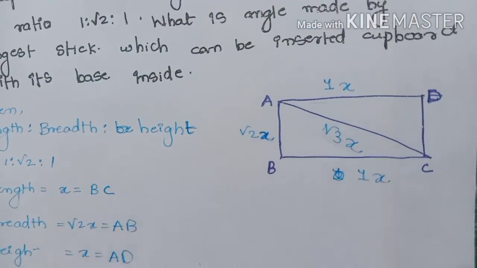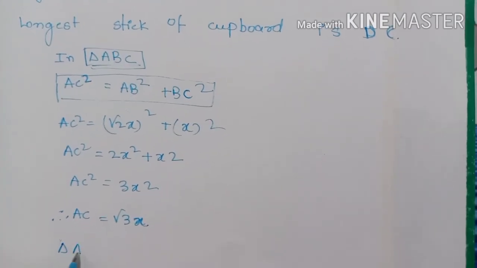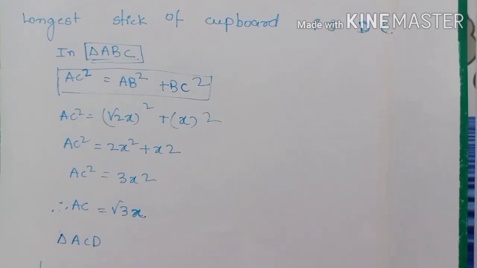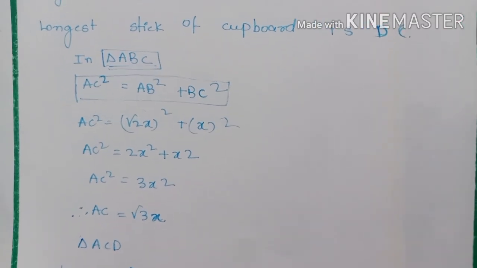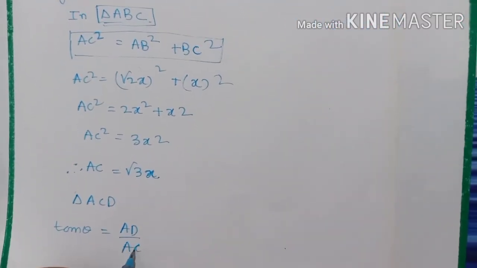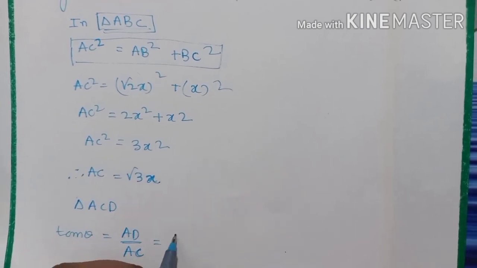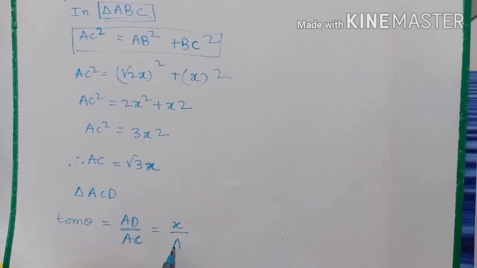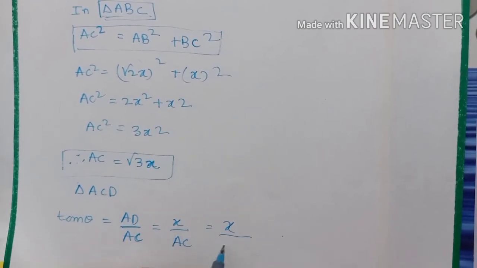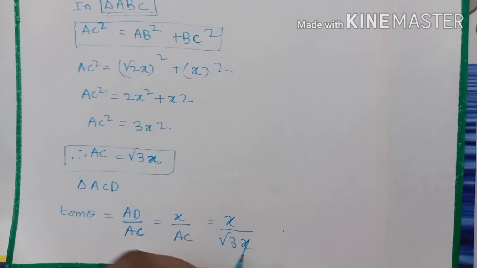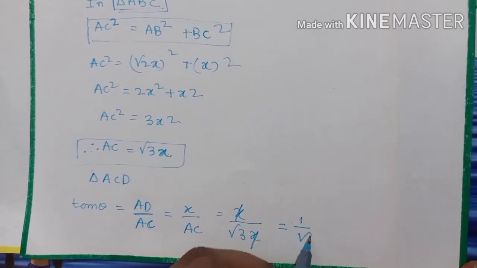And then in triangle ACD, we know tan theta is equal to AD by AC, and we have found the value of AD, which is x, and the value of AC, which is root 3x. x and x get cancelled, and tan theta will be 1 by root 3.